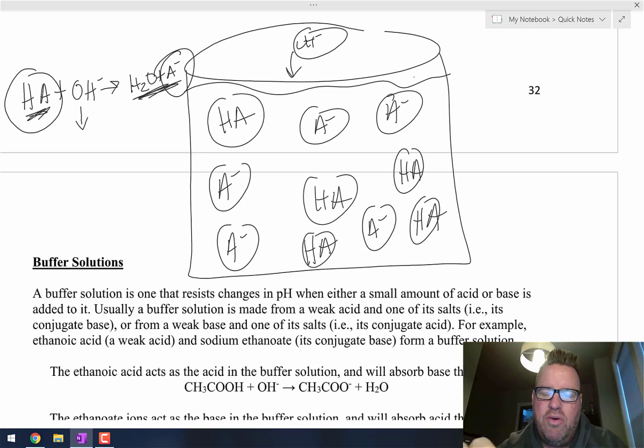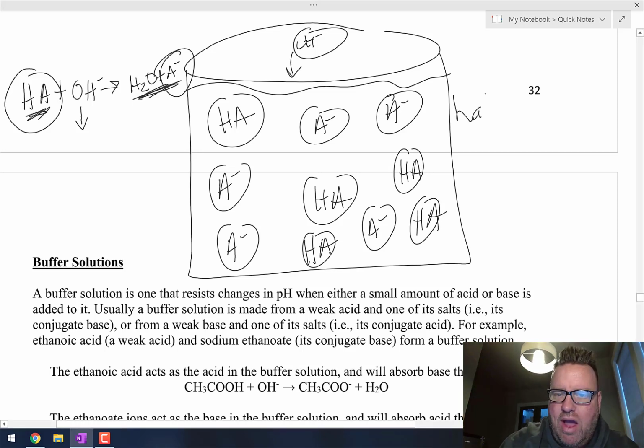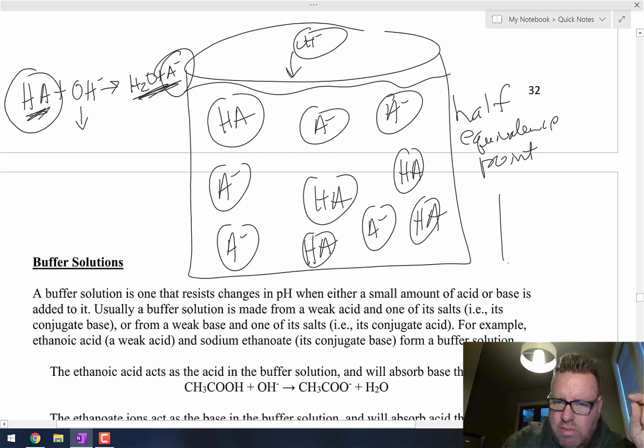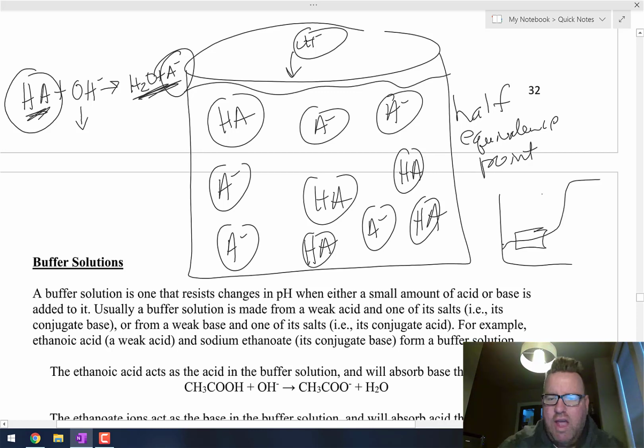If you remember correctly, when that point occurs, you have reached what's called the half equivalence point. Right now you are at the half equivalence point if you're doing a titration. At this point, in that pH curve, it's pretty flat in here, because the half equivalence point is right about here, roughly.